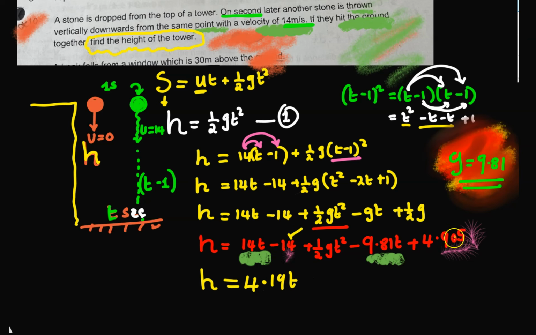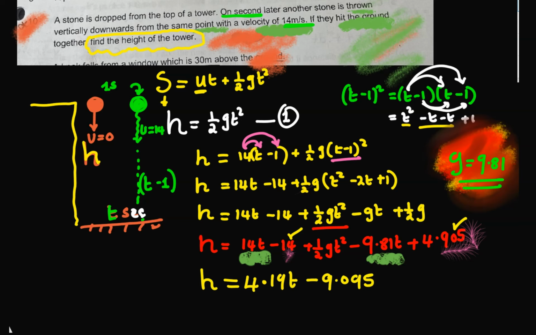Okay, let's now work out this guy here, which is going to be negative 14 plus 4.905. This is going to translate to negative 9.095.